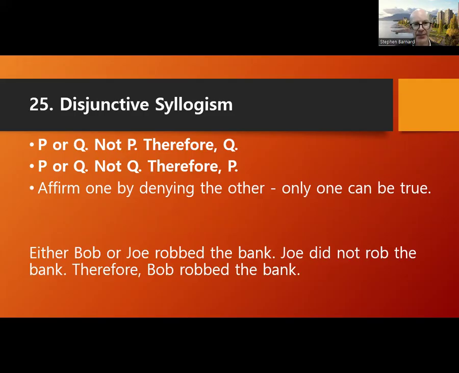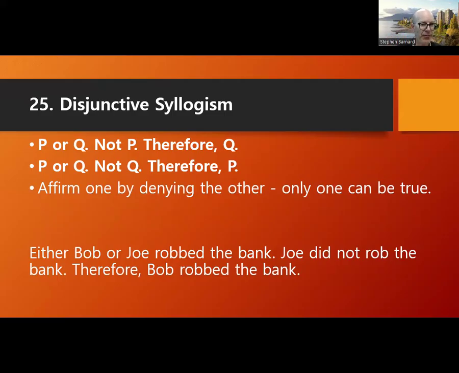In this case, it's either P or Q. If it's not P, then therefore it must be Q. Or if it's not Q, therefore it must be P. You're affirming one by denying the other. Only one can be true. Both cannot be true. And both cannot be false because it's come down to an either P or Q.